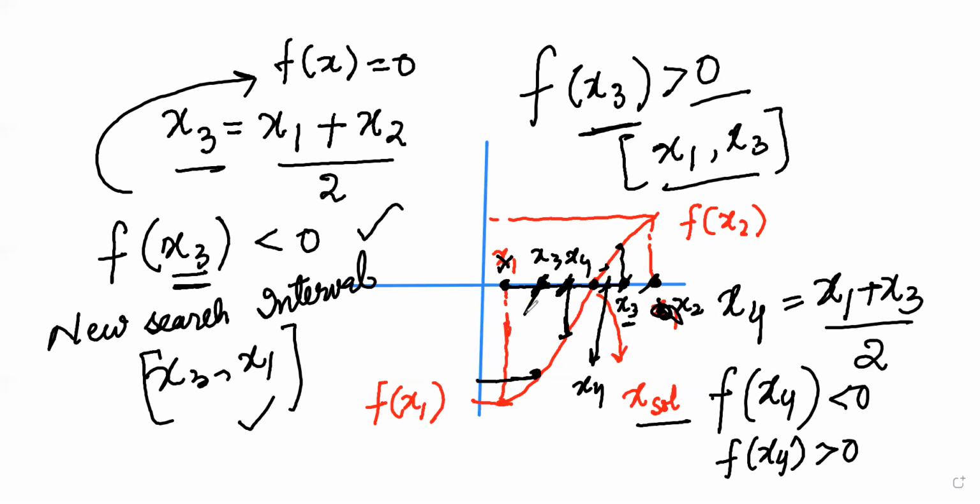So what is actually happening? From both sides we are coming very, very close to this solution point. So it means we started with a function. This was our x1, or let me clean it, let me draw it a bit wider.